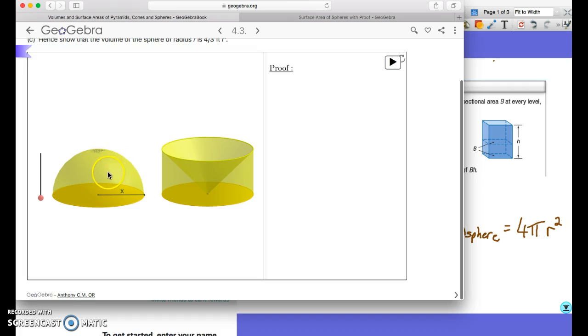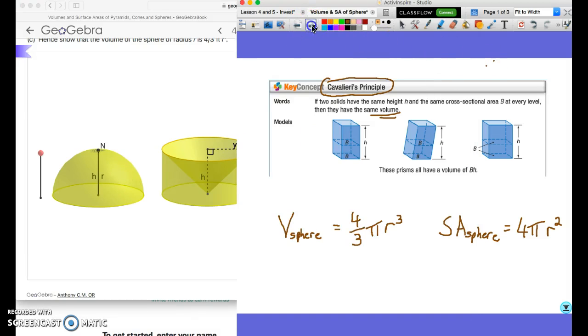First things first, if I move this all the way up to the top, the length of the radius, which here is represented by x, is the same as the length of the height, and hopefully that makes sense to you.